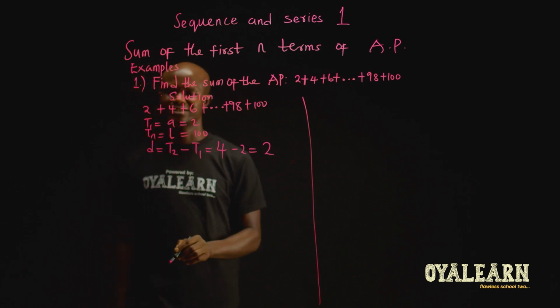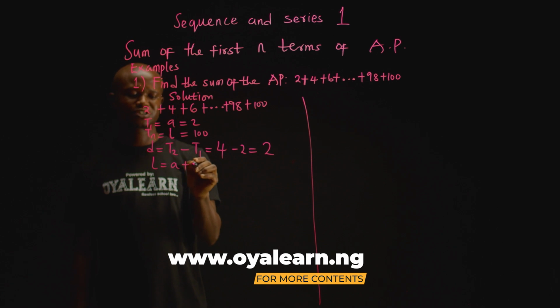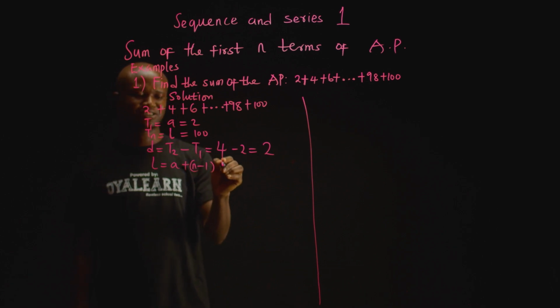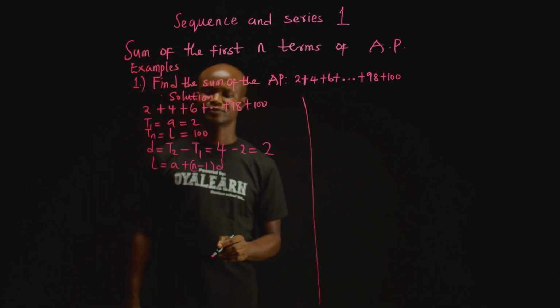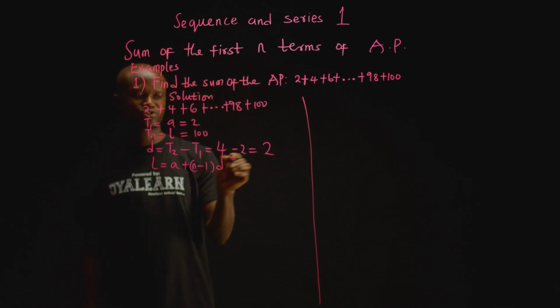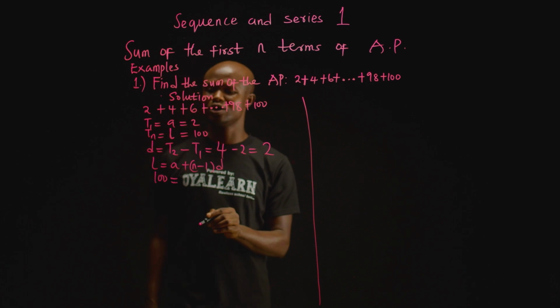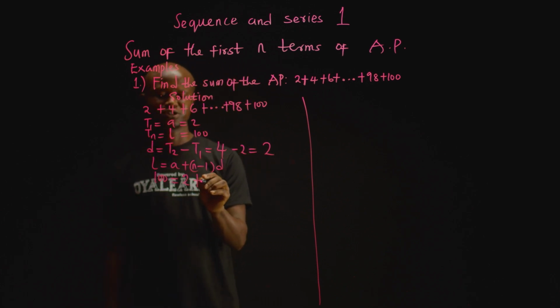So in this case, the last term is A plus n minus 1 D. Now, what is L? L equals 100. Then A is 2, we substitute, n minus 1.